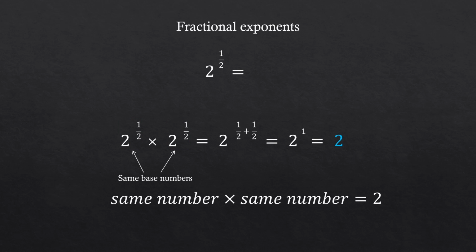What do you think this is? Shouldn't that be square root of 2? Yes, we just figured out what this number is by ourselves. 2 to the power of 1 over 2 is in fact the same number as square root of 2. These two are the same thing. Some mathematicians like writing it this way, and some others like writing it this way. That's all.